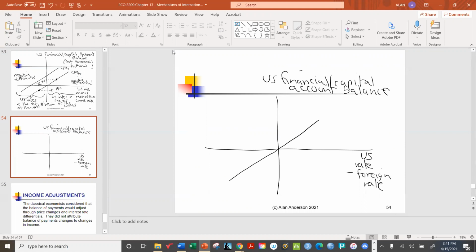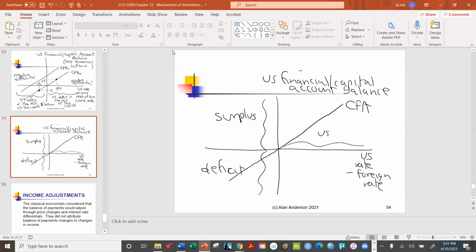It doesn't have to, but let's say it does. And so remember, again, up here represents a surplus in this balance, and down here represents a deficit. On this axis, this represents US rates are higher than foreign rates. And on the left-hand side, it's the other way around, of course. US rates are lower than foreign rates.